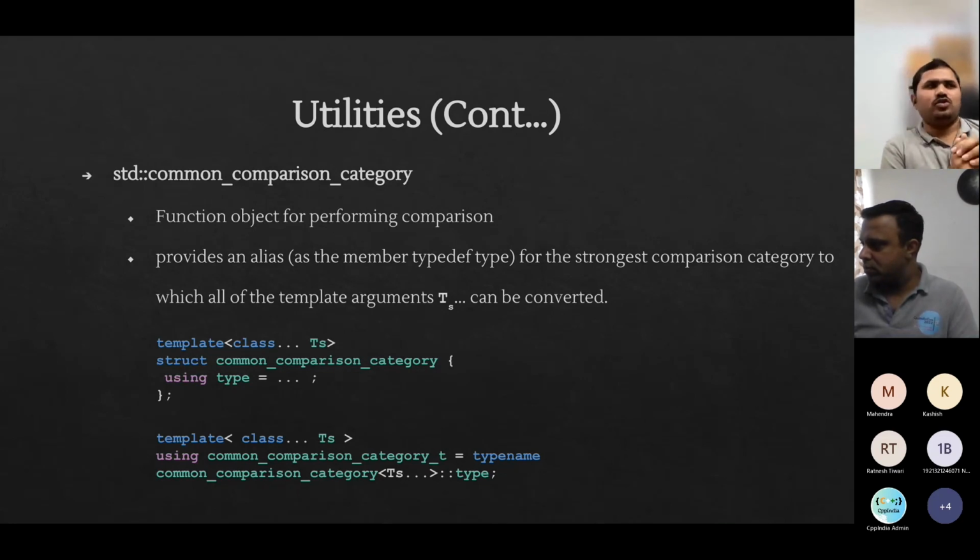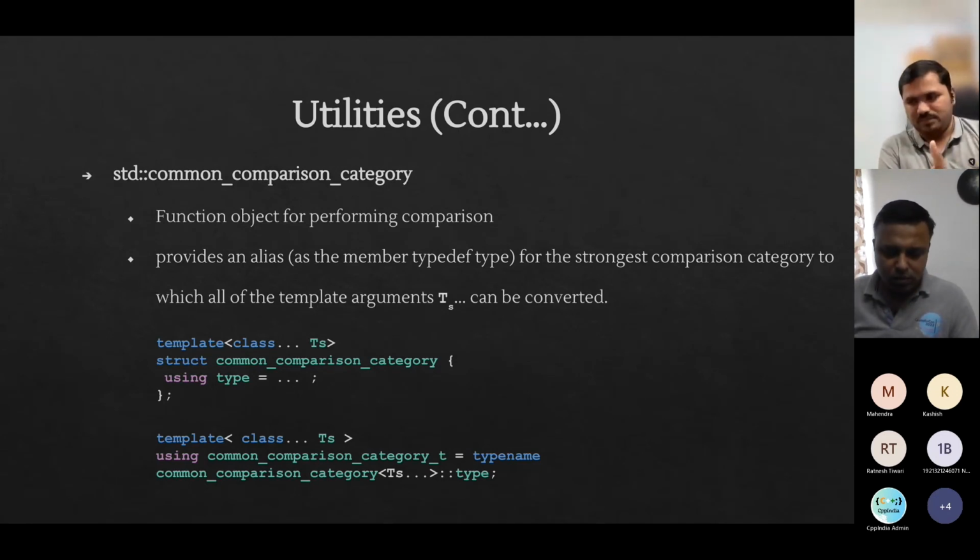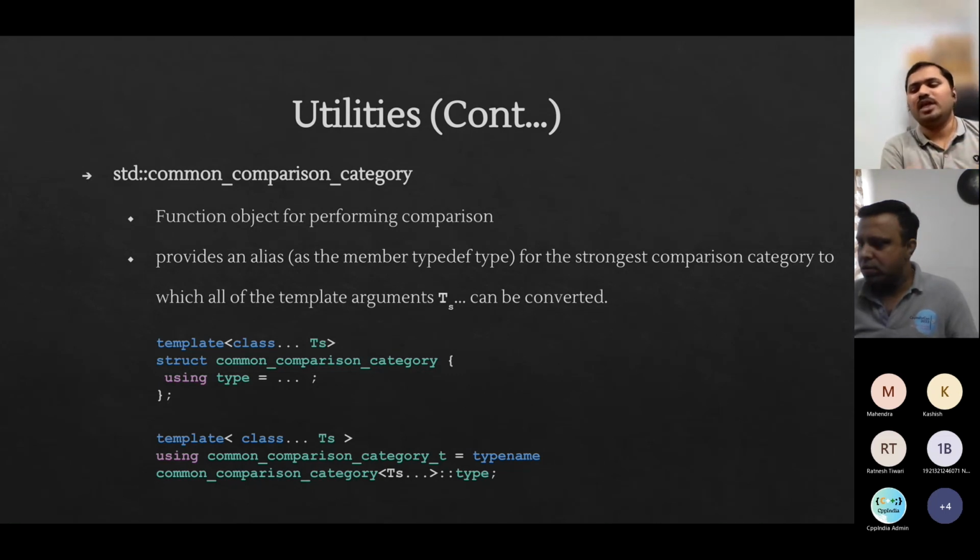This works very simply. If all the members are strong types, then you will get a strong type. If any one of them is a partial order type, you will get a partial ordering. If any one of them is a weak ordering, then you will get a weak ordering. It's because this is how the order is.